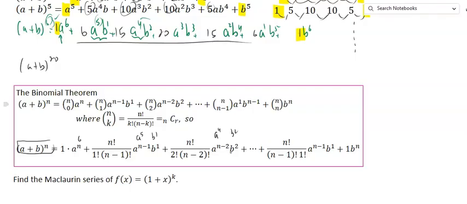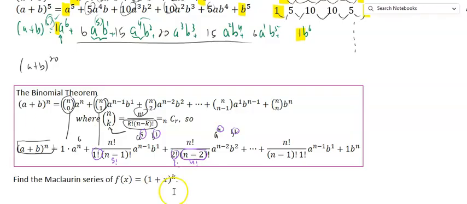And what they figured out is, look, n choose 0 for the first, n choose 1 for the second, where n choose k is n factorial over k factorial times n minus k factorial. An easy way to remember that is to say, look, if this is a 5, this is 5 factorial, 1 factorial. If this is a 4, that's 4 factorial, and that's 2 factorial. And that's an easy way of remembering that.